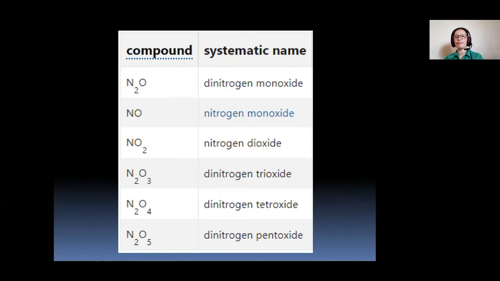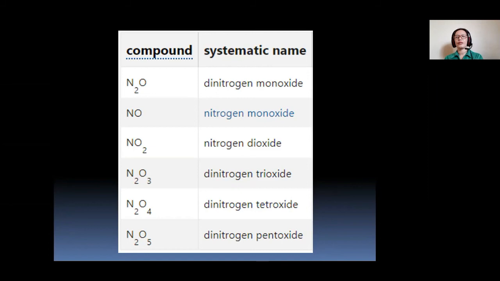In the second example, you have NO. If you encounter an example like this, mono is only used on the second element. So it's nitrogen monoxide. Okay, it's not mononitrogen monoxide, it's nitrogen monoxide.